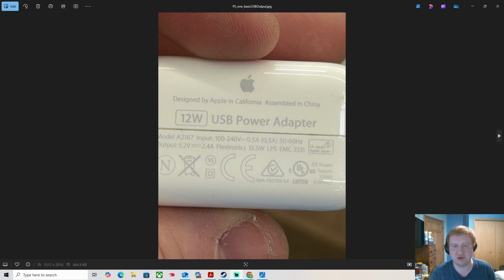and the supply draws 0.5 amps. So the 12 watt, let me actually calculate that. I'm curious. 240 times 0.5. Okay, so it's not based off the 240 at all. Let's try the 100. 50 watt. Is that 0.5? Yeah.